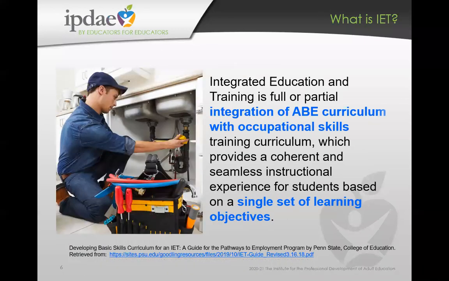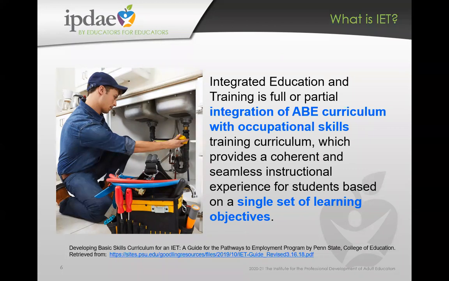It's not really something that we're unfamiliar with because it's part of the WIOA, so that's something that we should have been implementing, and it should guide our students into a more accelerated pathway to achieving their academic and career goals. So IET is really the solid integration of that adult basic skills curriculum with occupational skills, or what we often refer to as technical skills.